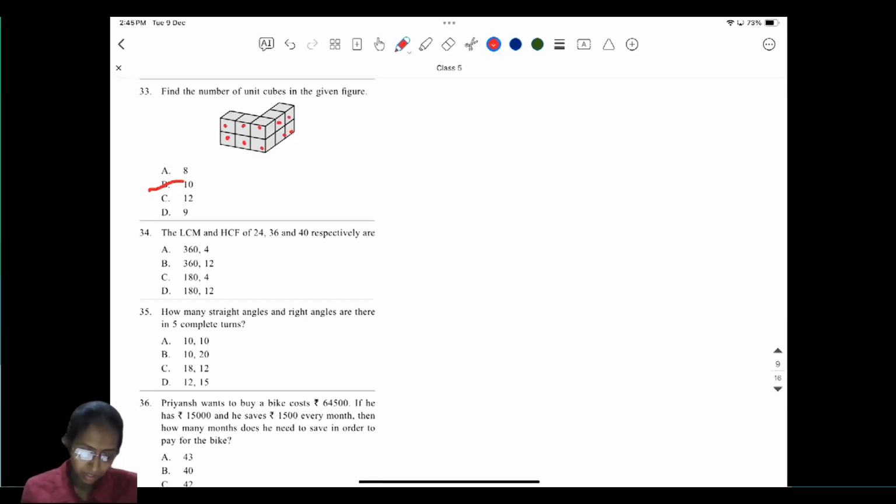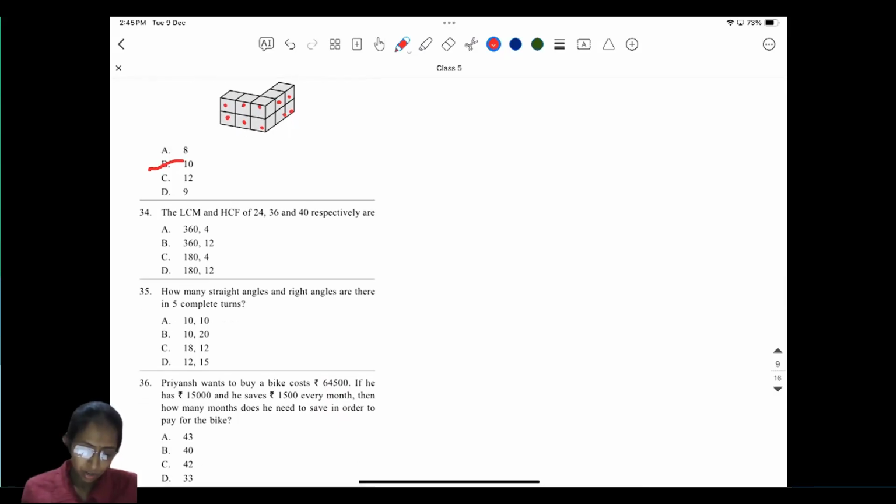So the next one is the LCM and HCF of 24, 36 and 40 respectively. When we take the HCF of these three numbers, we can observe that all three are divisible by 4, not by 12. So either C or A is my answer. Now we need to calculate the LCM.